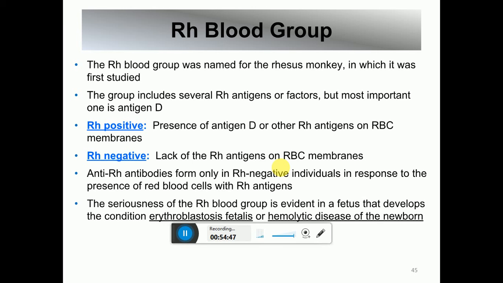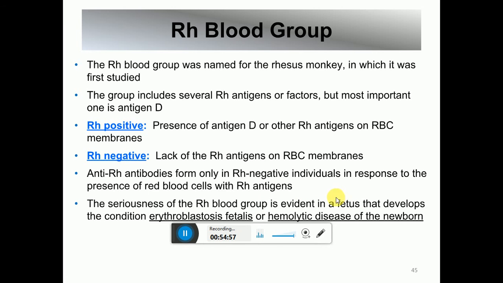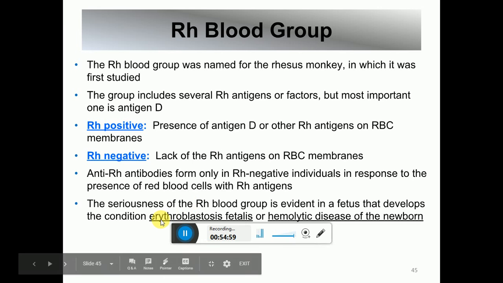That is really important to keep in mind, especially during pregnancy, because it can lead to the destruction of the red blood cells of a fetus. This is known as erythroblastosis fetalis, or the hemolytic disease of the newborn. Fetalis means fetus, osis means a condition, blast means to destroy, and erythro means the red blood cells.